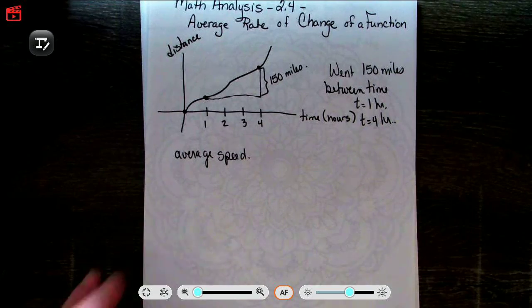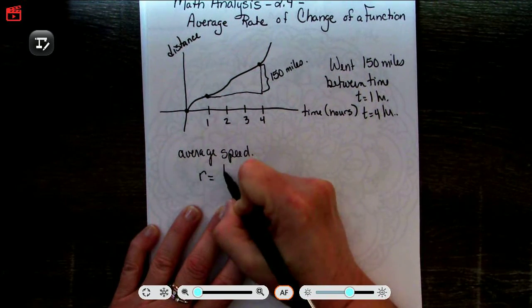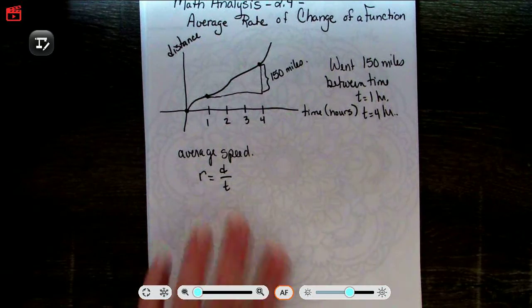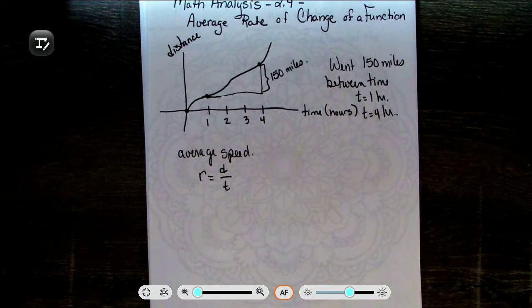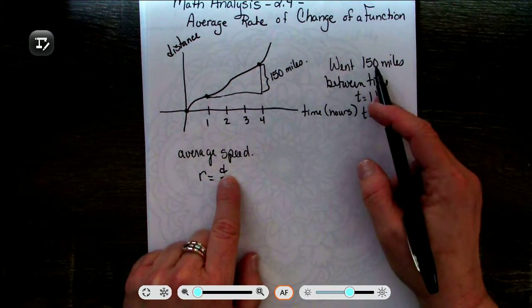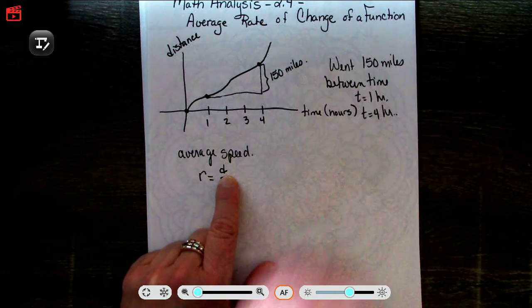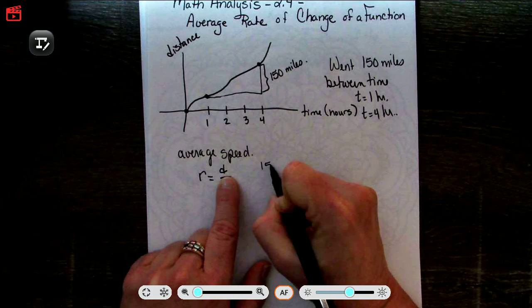Well, speed or rate is your distance divided by time. How far did you go divided by how long did it take us? So in this particular problem, the distance is going to be that 150 miles that we went. So that change from this distance to this distance. So that 150 miles.